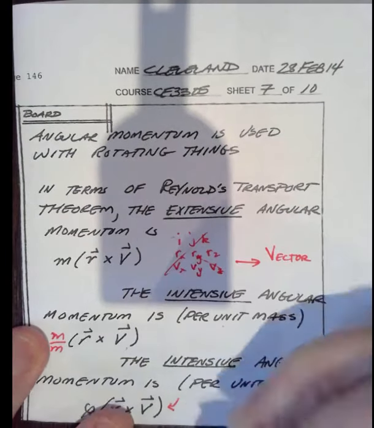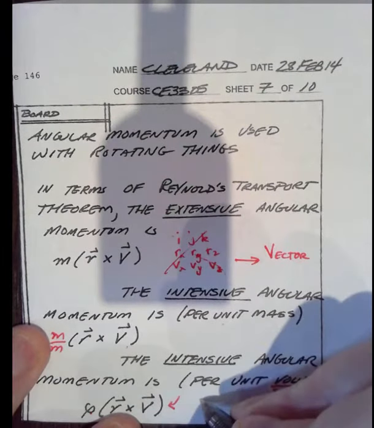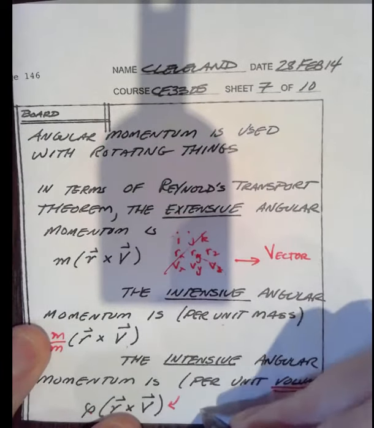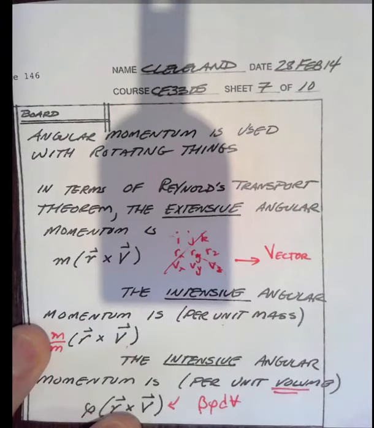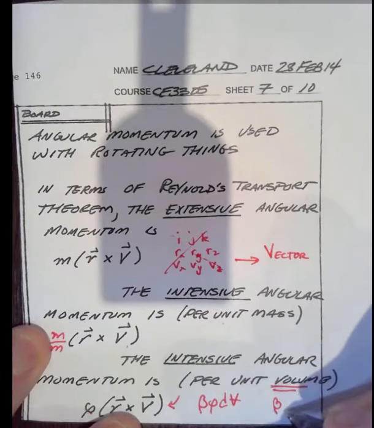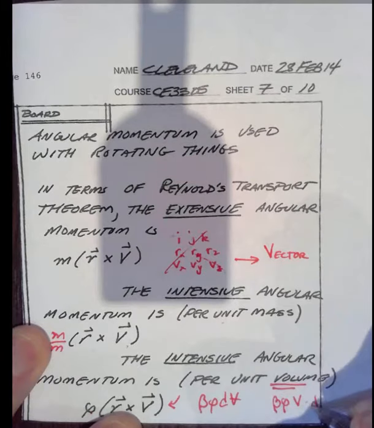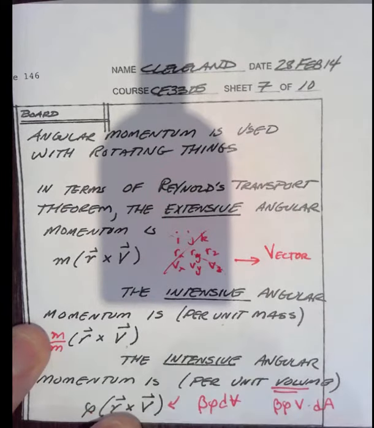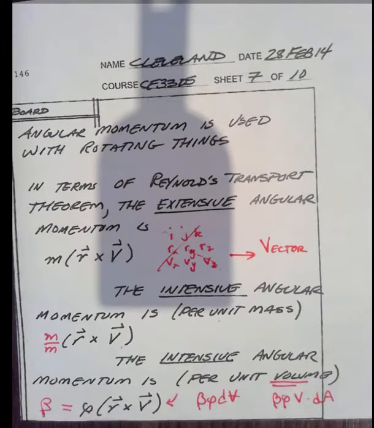So this is the part that in the Reynolds transport theorem is going to replace the beta rho dV in the volume term and the beta rho v dot dA in the flux terms. The beta is this thing, or I guess the beta per rho.